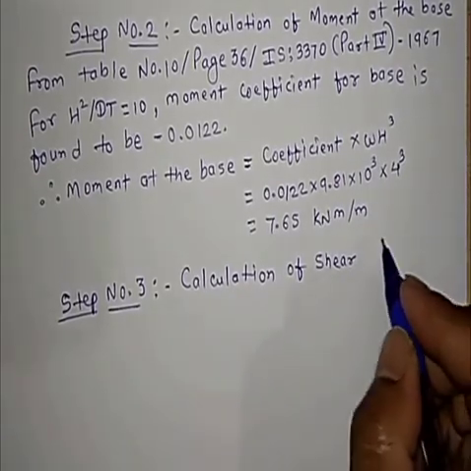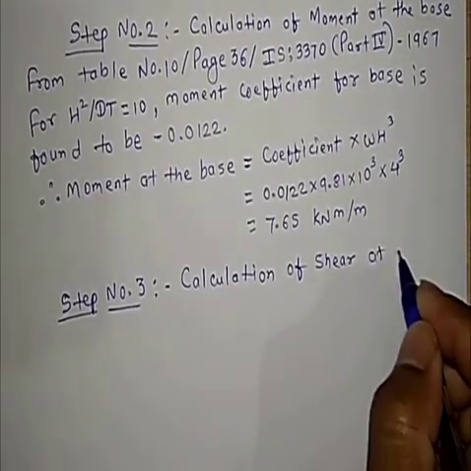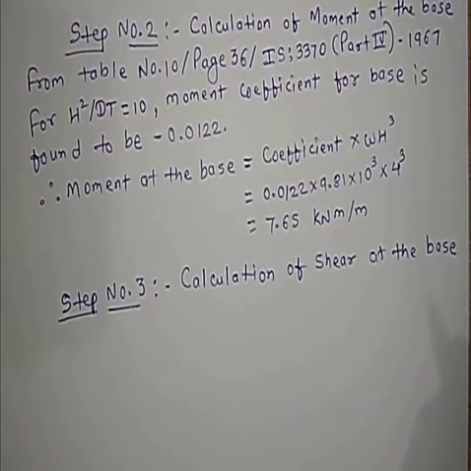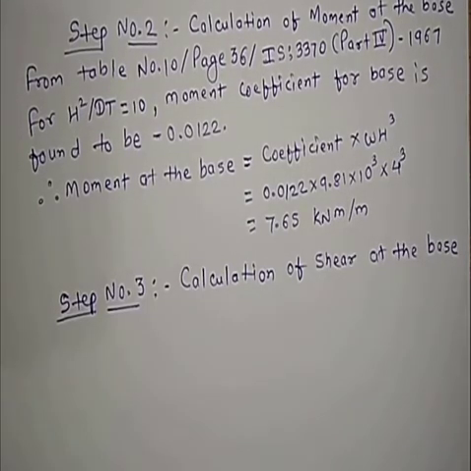Earlier we have gone through table number 10 and table number 9 from page number 35 and 36, and the next table is table number 11. We will get the coefficient, that is on page number 37.